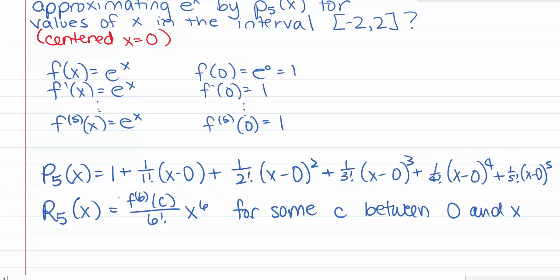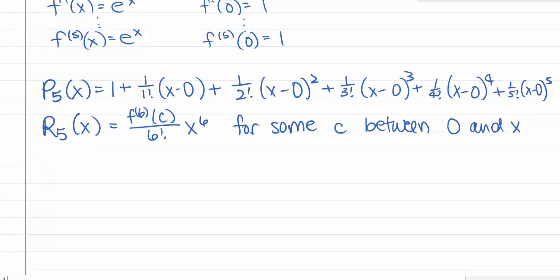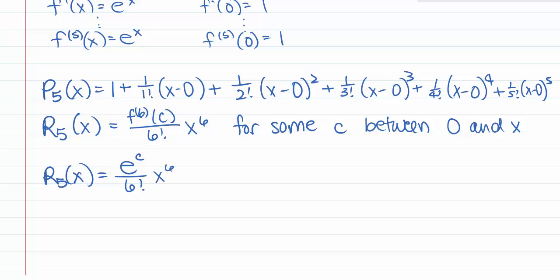Alright, so now we want to figure out something about this. Well, we know something about the 6th derivative. We know its formula. So we can say that r sub 5 of x is e to the c over 6 factorial x to the 6th. Alright, but now what? What can we say about e to the c?